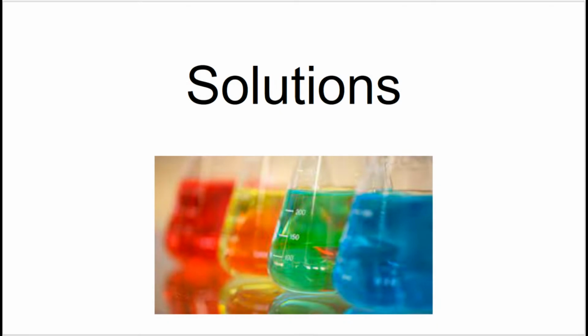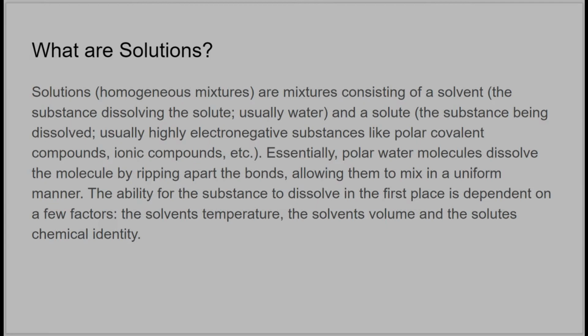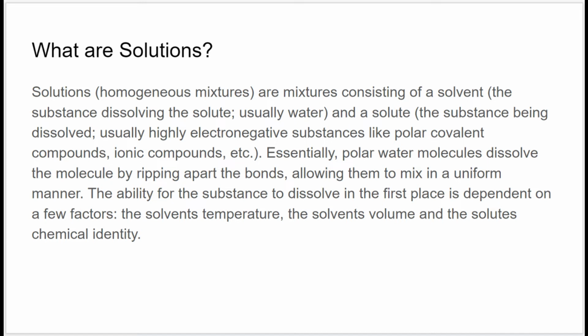Starting off with the first topic, we have solutions. Solutions are homogeneous mixtures consisting of a solvent, which is a substance dissolving the solute and is usually water, and a solute, the substance being dissolved. Usually, highly electronegative substances like polar covalent compounds and ionic compounds are the solutes.